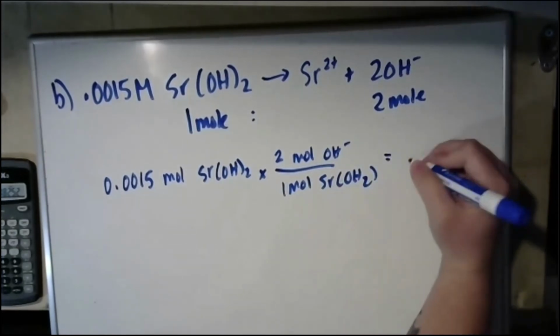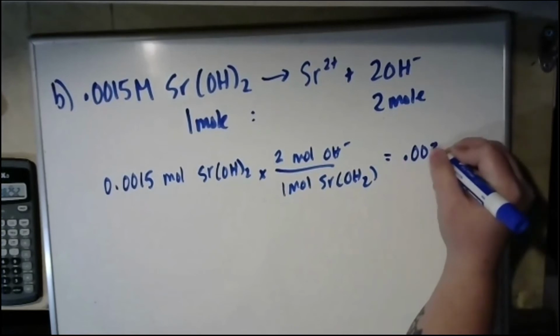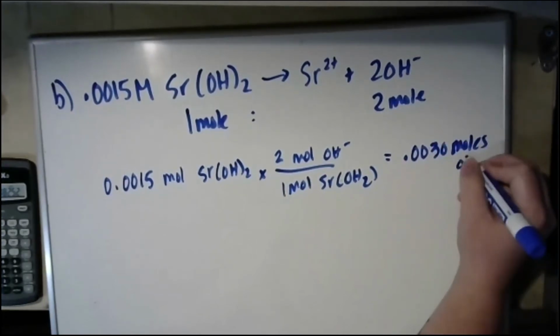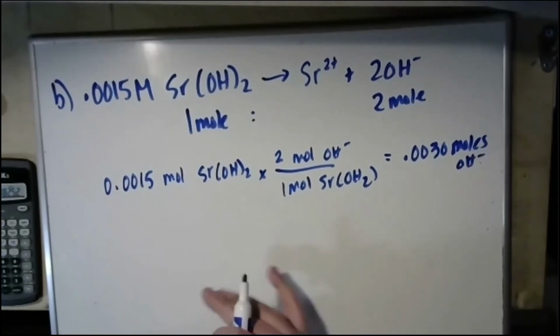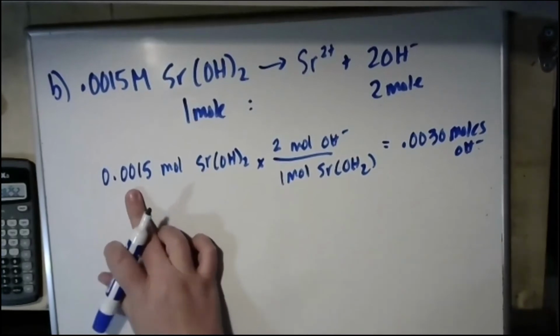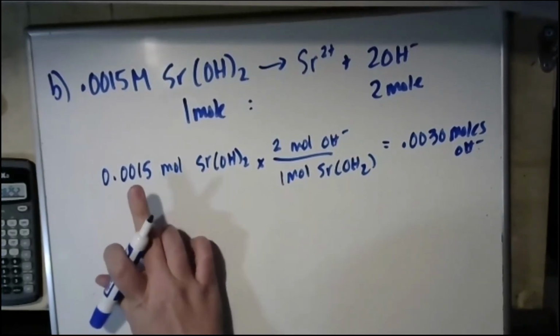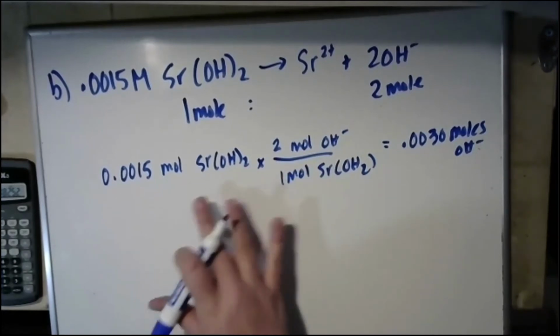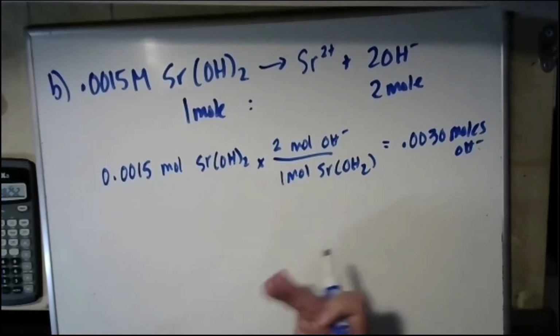So we're going to end up with 0.0030 moles of OH minus per liter of our solution. You can simplify this for yourself and say that you have to double this value, but I just wanted to show you in more of a mathematical way what we're doing here.